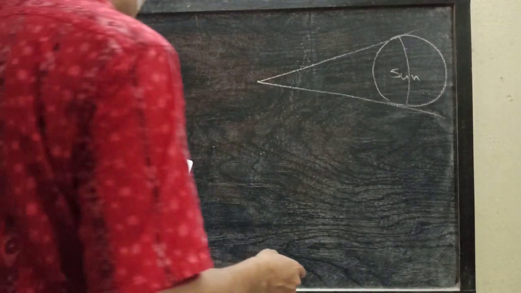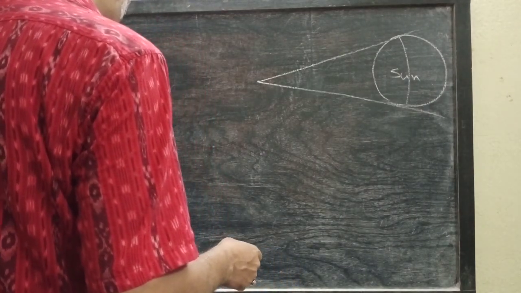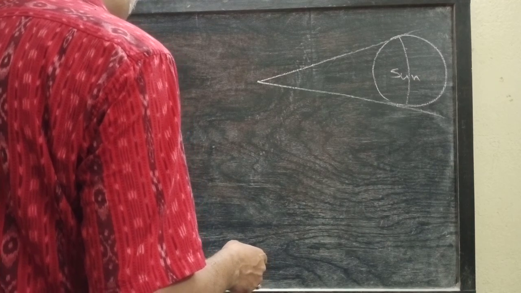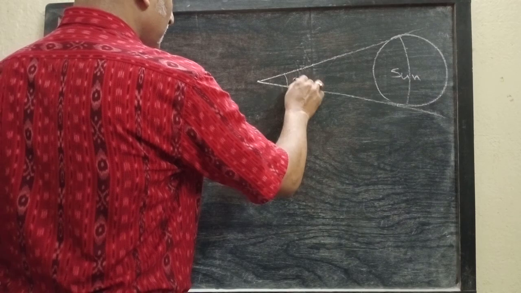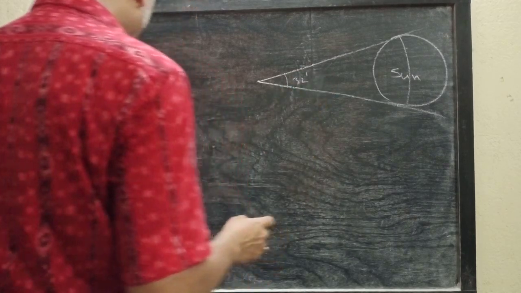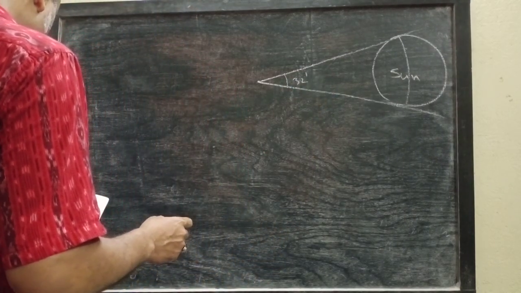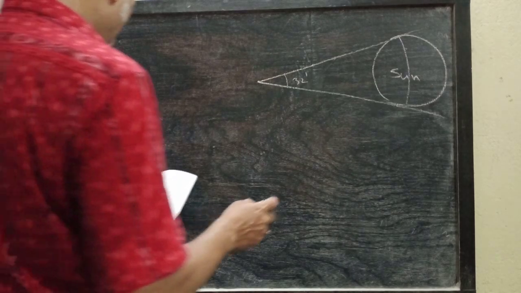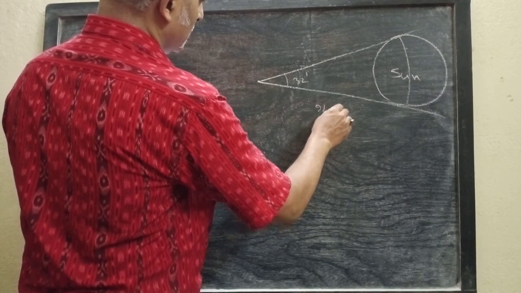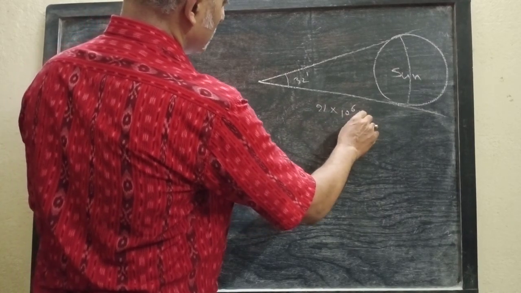We consider this arc as the diameter. This angle is 32 minutes, and the distance of the sun from the observer is 91 into 10 to the power 6 kilometers.